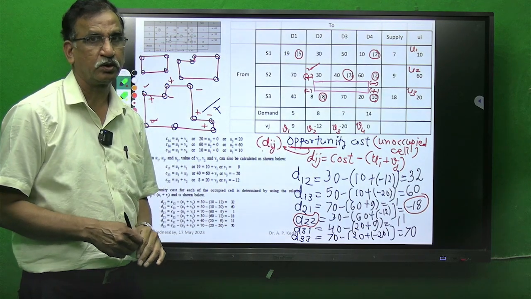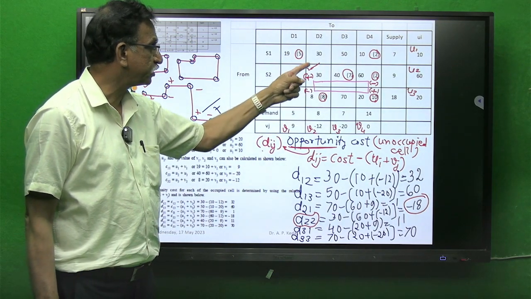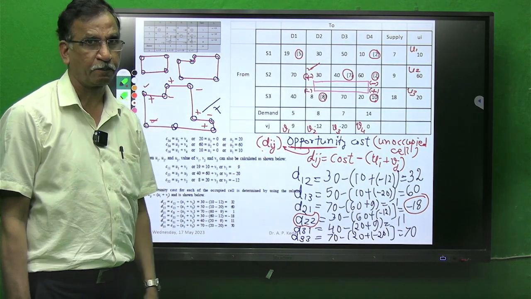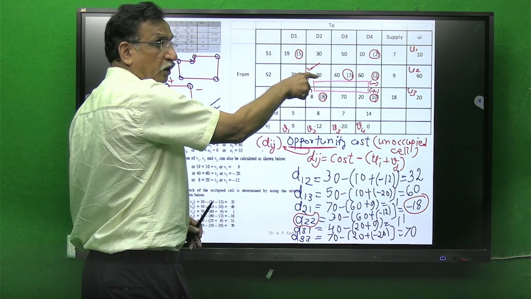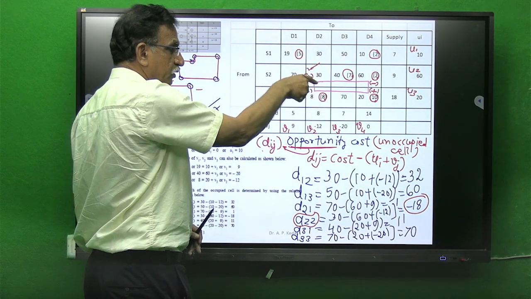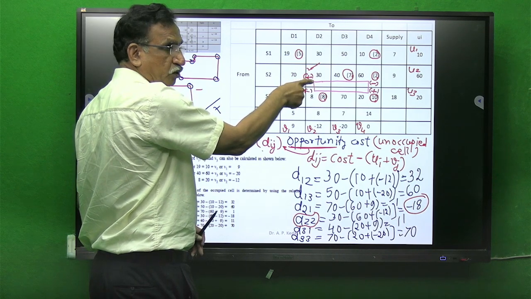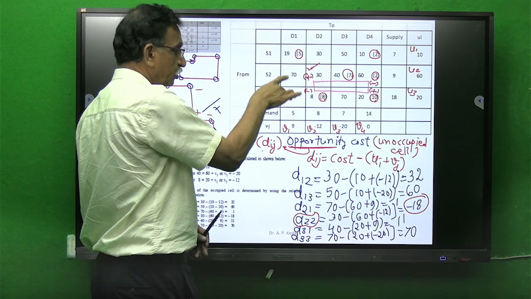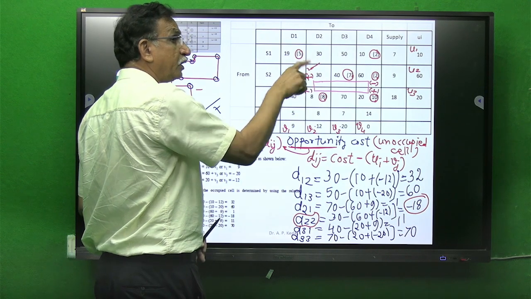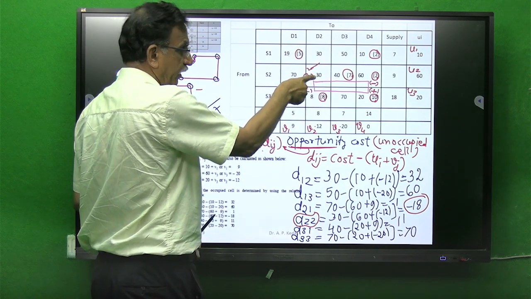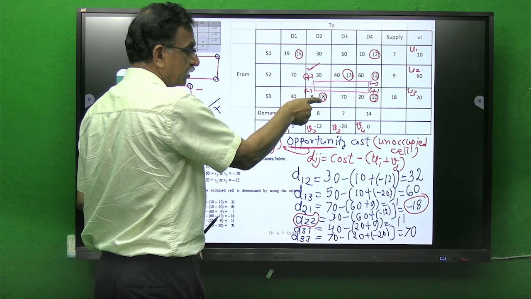In short, this allocation will be shifted to the other cell. In the previous case, prior to this, there was no allocation, means 0. 0 plus, because of the plus sign, 0 plus this minimum value. Here in the next iteration, it will be 8. Here 8 minus 8, it will be 0.